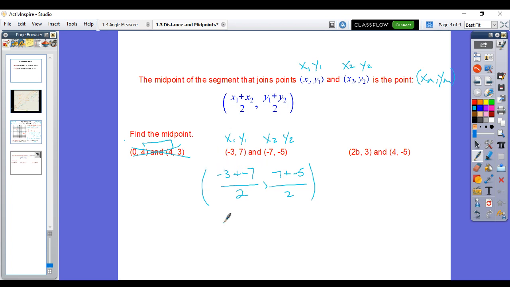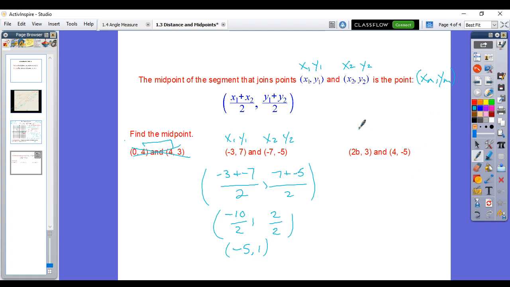They're both negative. You add the number, you get negative 10 over 2, comma. And 7 plus a negative 5, because it's plus a negative, you're subtracting 7 minus 5. And you're getting positive 2 over 2. So you got negative 10 over 2, comma, 2 over 2. Reduce that, you get negative 5, comma, 1. This is our new xm, ym, our coordinates for our midpoint right there.